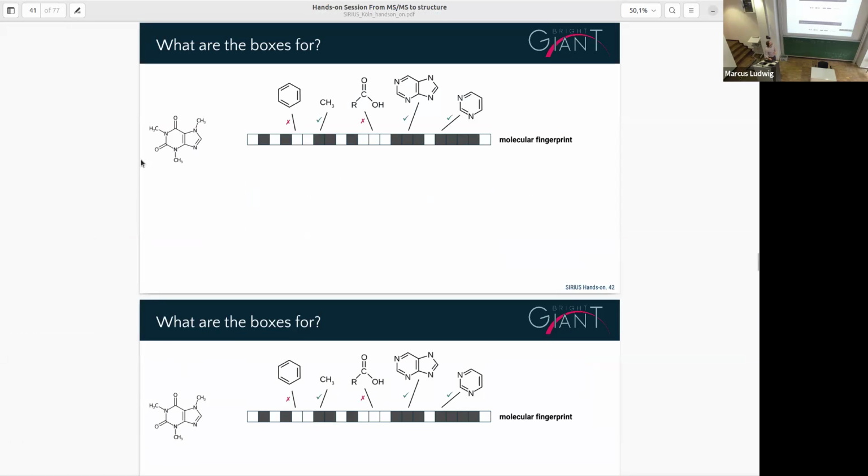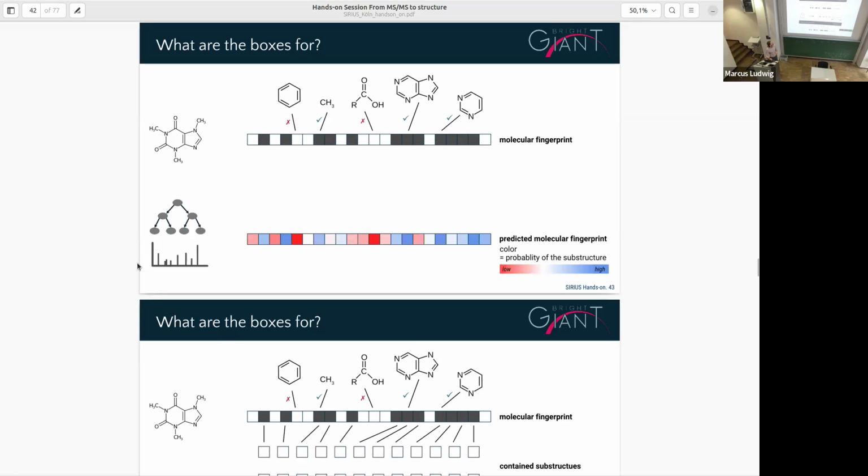So this is your molecular structure candidate, and it has a fingerprint. All the black boxes are properties that should be contained. All the white ones should not be contained in your structure, or are not contained. And from the data, we also predict such a fingerprint.